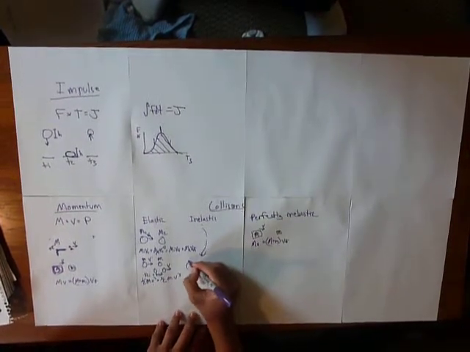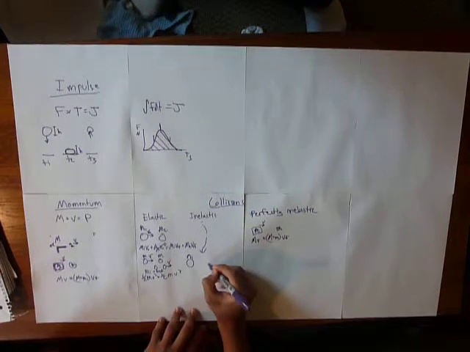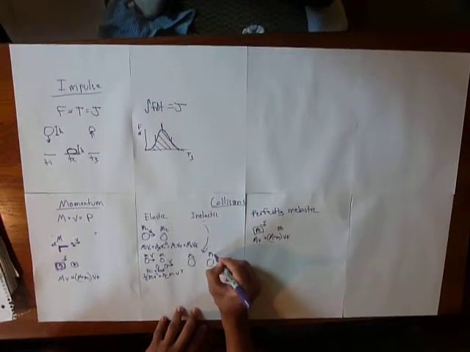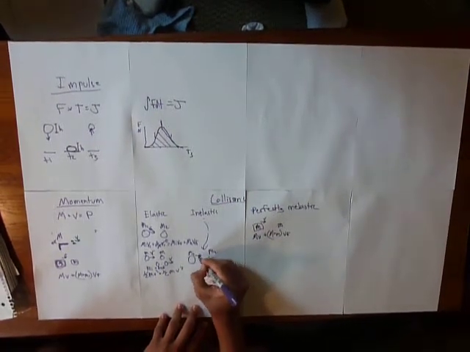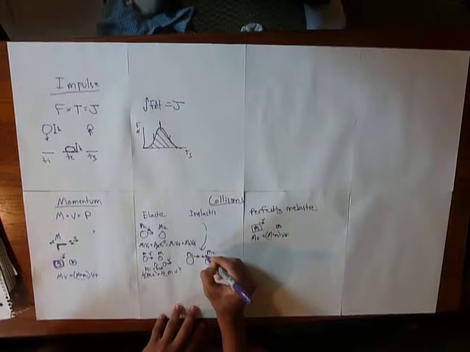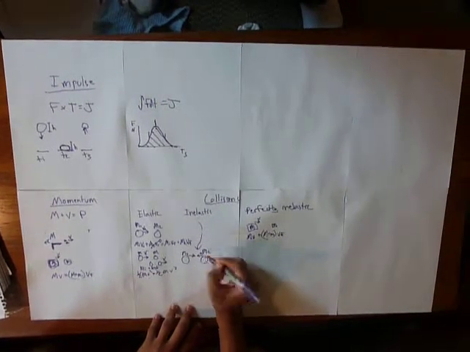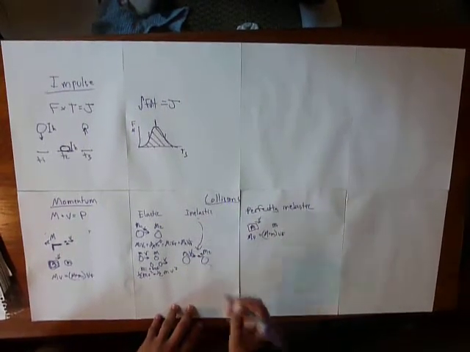So an exercise ball of mass 1 and an exercise ball of mass 2 collide, and this one's going at a velocity smaller than this one.